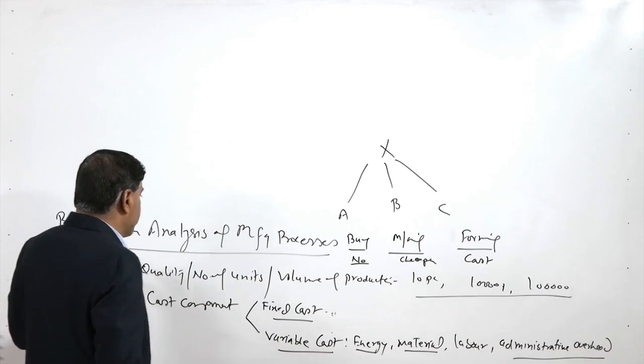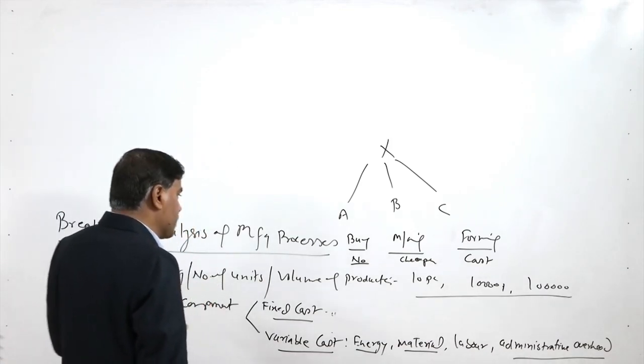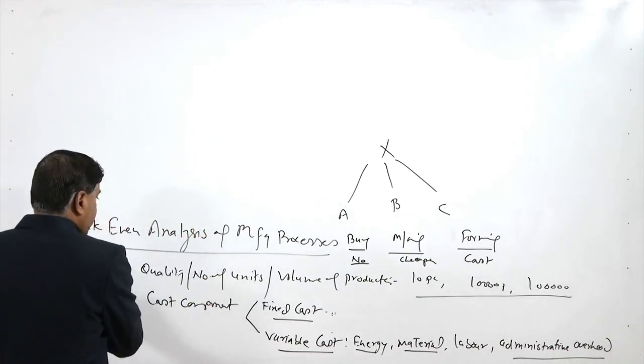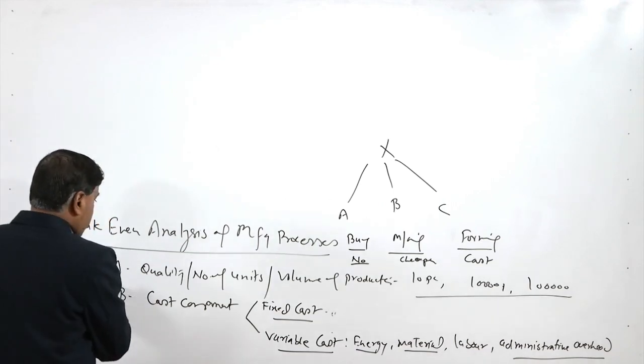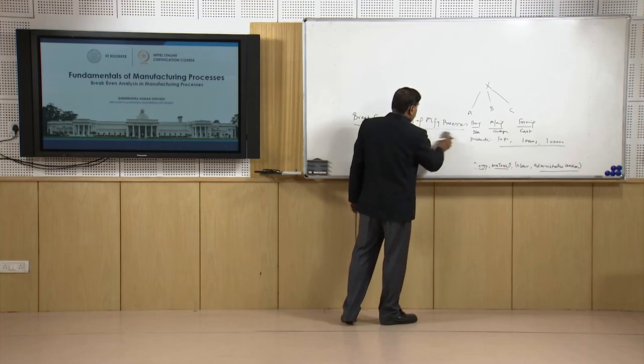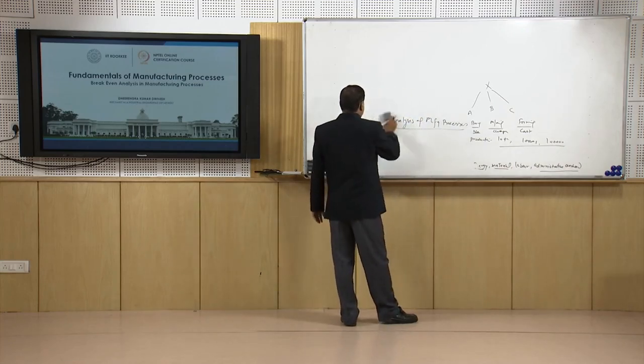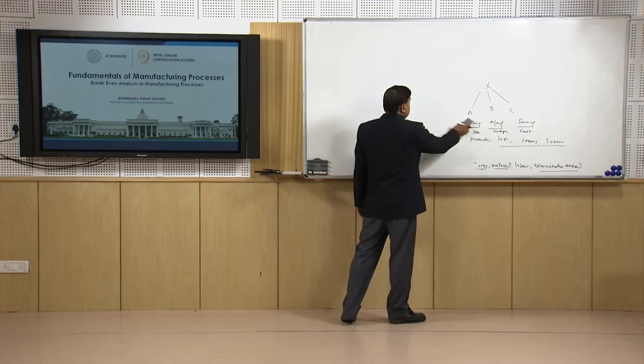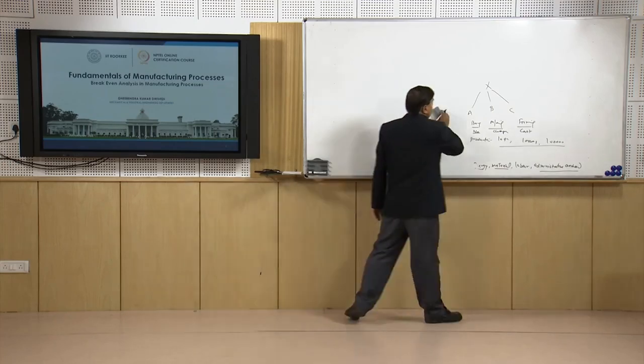So, these are the three things that are used for the break even analysis to identify the best possible manufacturing process or the combination of the manufacturing processes.